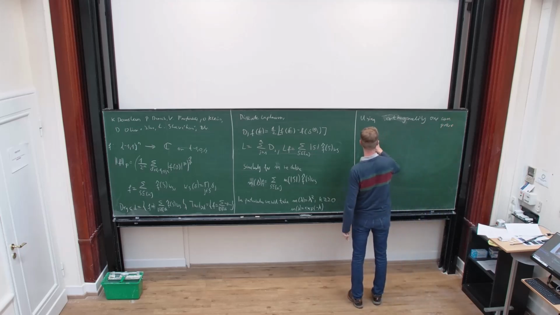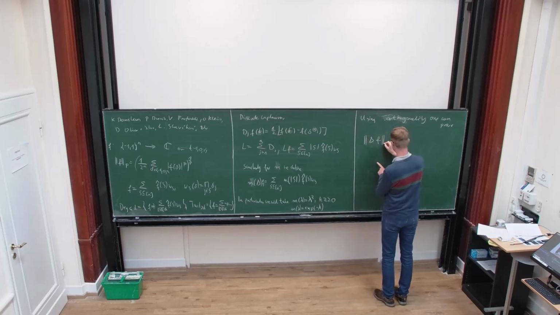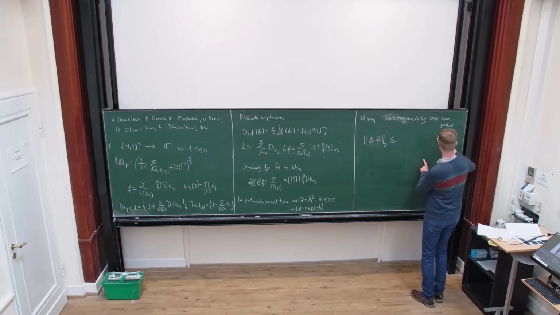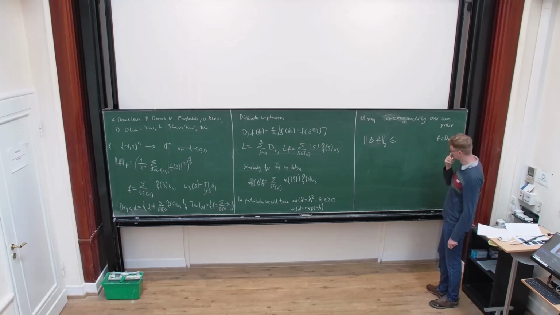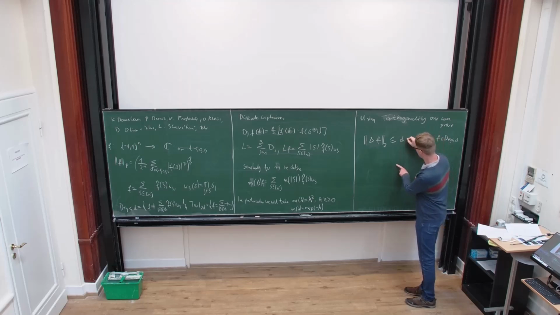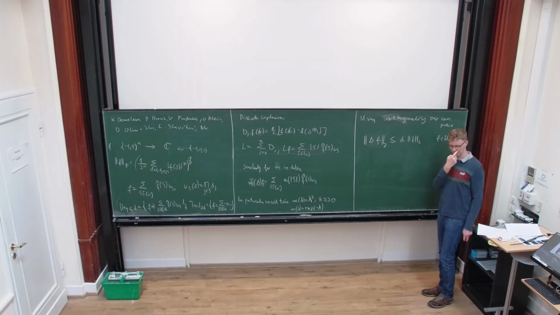If you take the operator L applied to a function, and you want to compute its L2 norm, knowing that the function is in the low degree space, then by definition, by orthogonality of the Walsh functions, you can just write d times the L2 norm of f. So this is nothing but orthogonality.